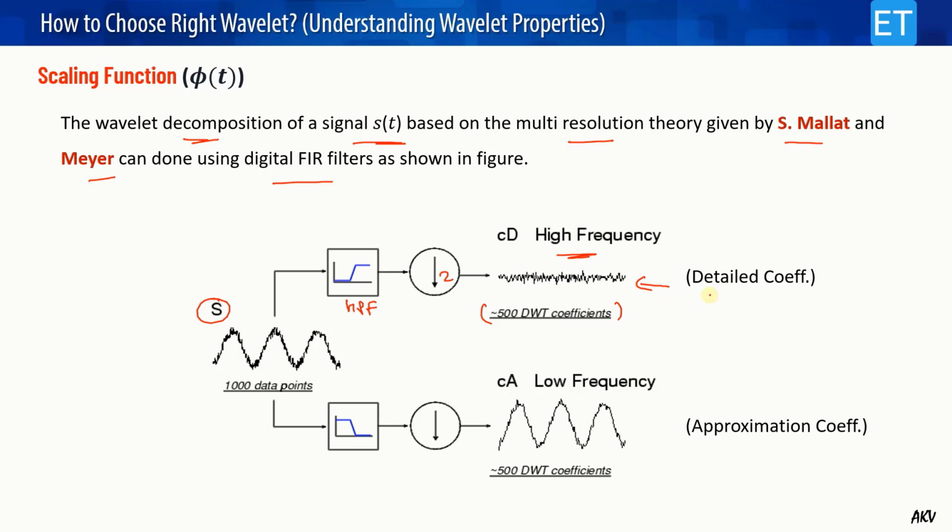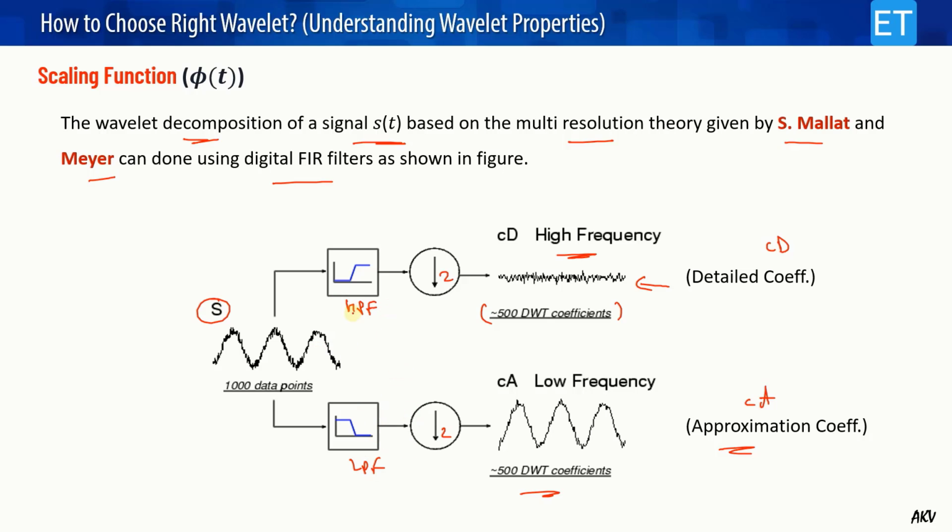These are known as the detail coefficients, generally represented by CD. When the signal is passed through the low pass filter and then downsampled by 2, we get 500 coefficients of low frequency nature. These are known as approximation coefficients, represented by CA. This is how we achieve the wavelet coefficients with the help of filters.